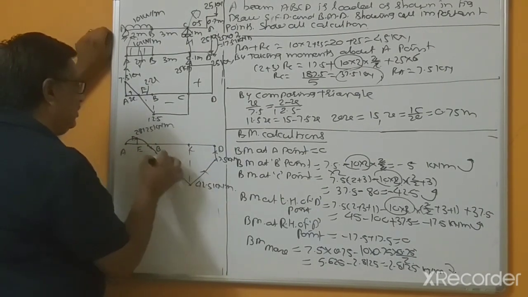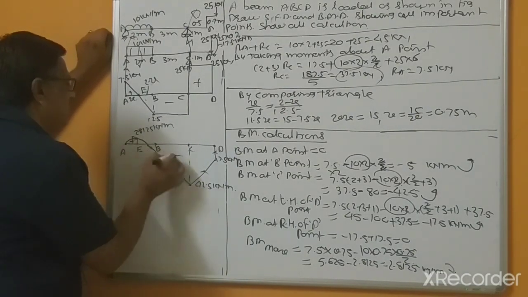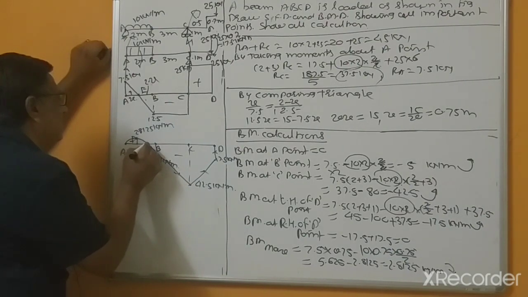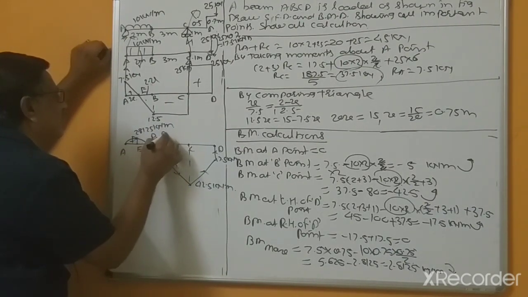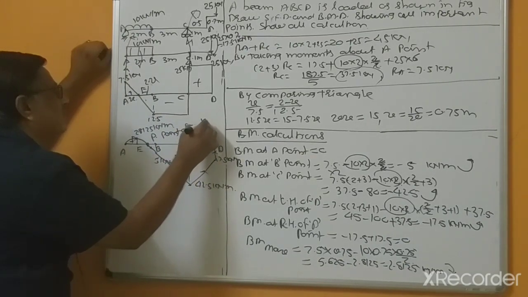This is your bending moment diagram. This is positive and this is negative. Now this point is the point of contraflexure.